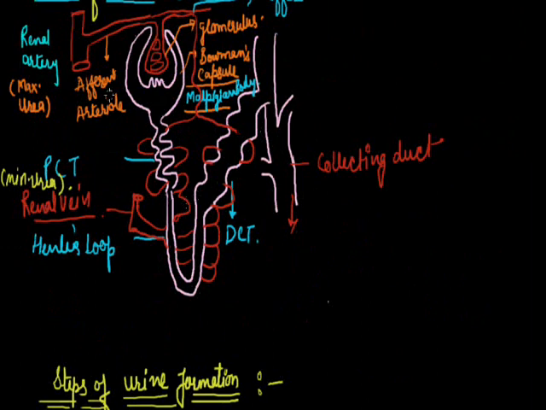So as I'm saying, first of all, isotonic media is generated here. This is the part where blood is filtered and glomerulus filtrate is generated. This is moving towards the cup-shaped structure of Bowman capsule. From there, it's moving inside the PCT now.